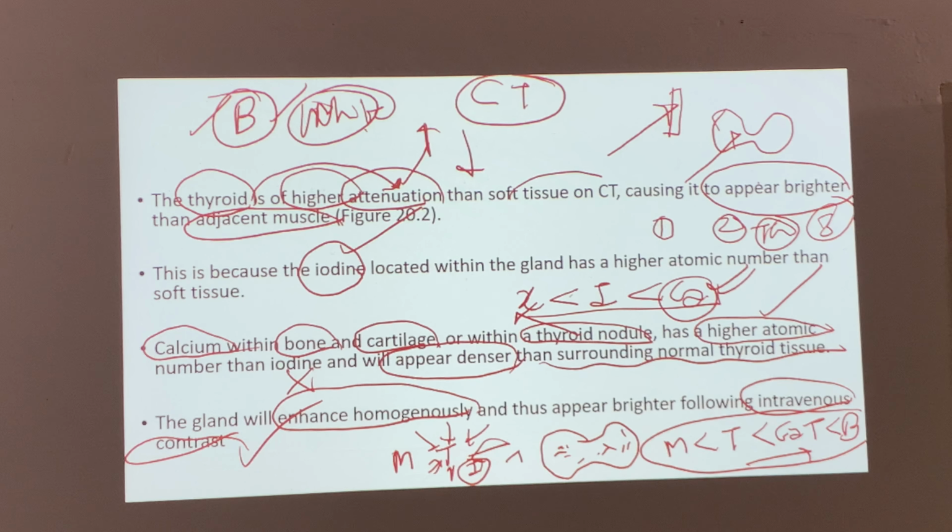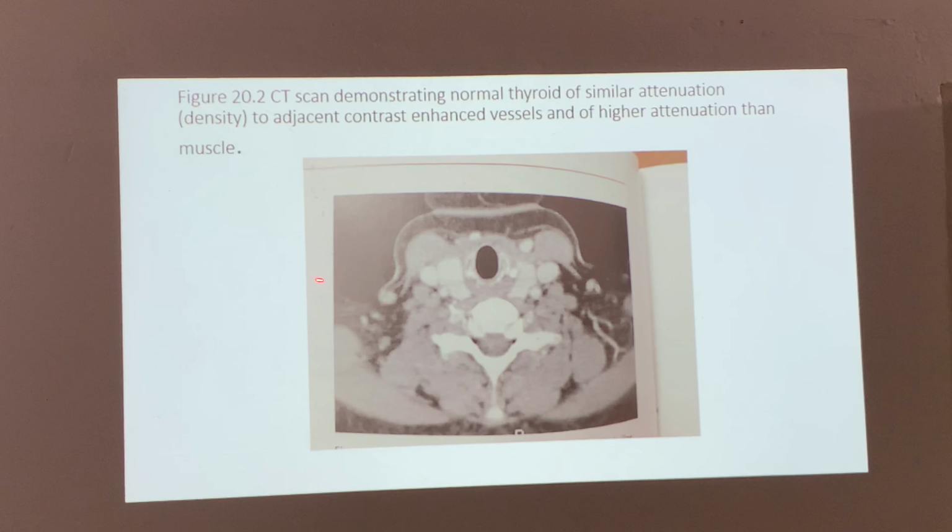This is because of the iodine that is given to the gland and taken up by the gland. The CT scan is demonstrating a normal thyroid of similar attenuation, that is, the density that you are able to see, to the adjacent contrast enhanced vessels and of higher attenuation than the muscle, as you could see here.